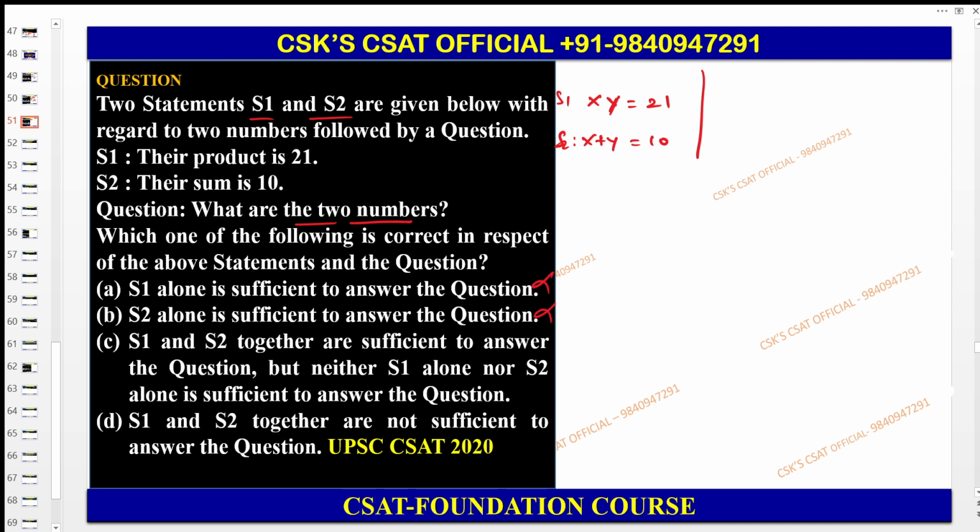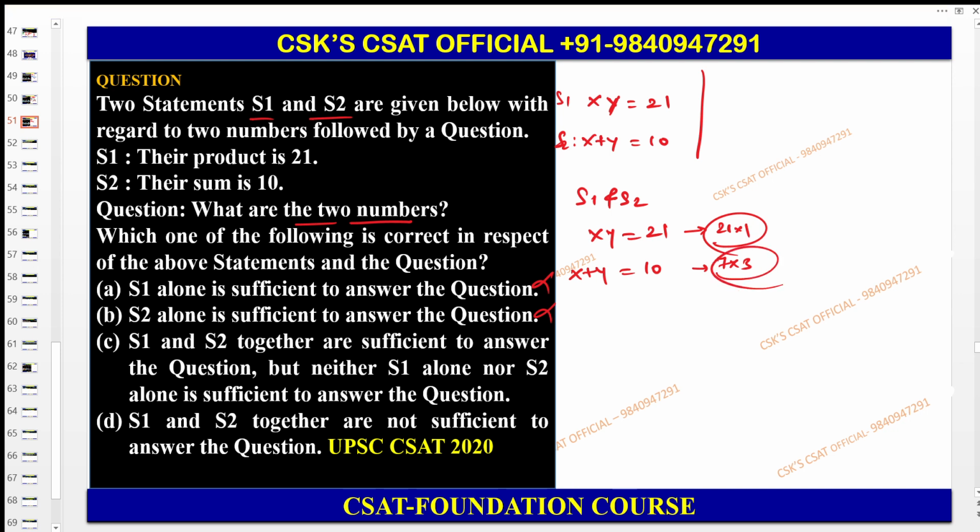Now we check combinedly. S1 and S2 combinedly: the product has to be 21 and the sum has to be 10. To get a product of 21, we have 21 into 1 or 7 into 3. Here the sum is 22, and here the sum is 10, with 7 into 3.